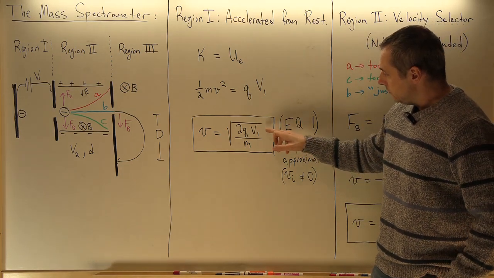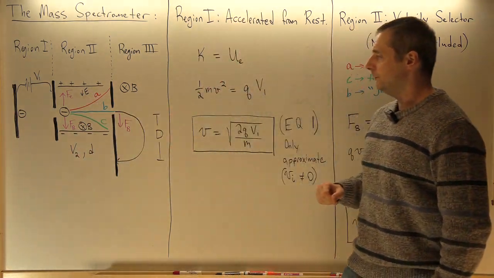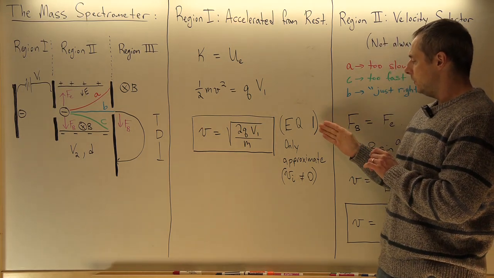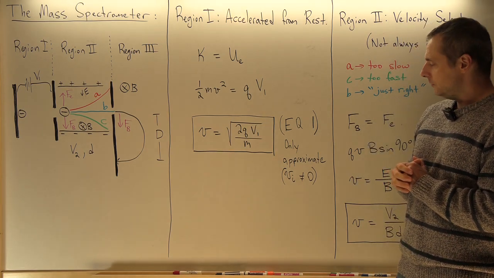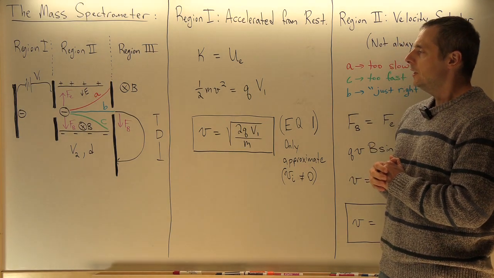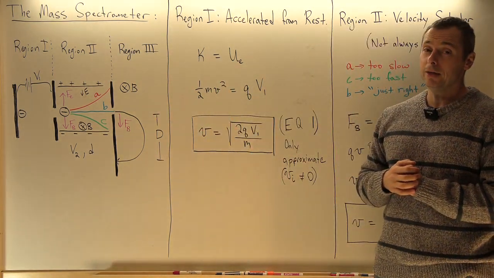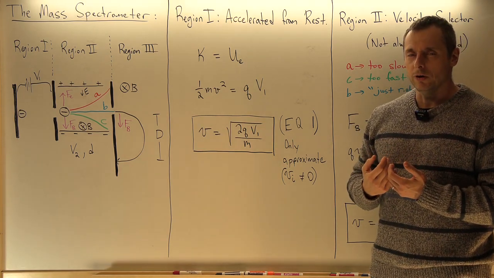And again, this is voltage 1, the accelerating voltage, not the voltage here that produces this electric field, which acts in the other region. Now, the thing I want to point out as I label this equation 1, technically this is only an approximate value because these ions all the way on the left over there, they're not beginning at rest. Otherwise, the sample would be at absolute 0.